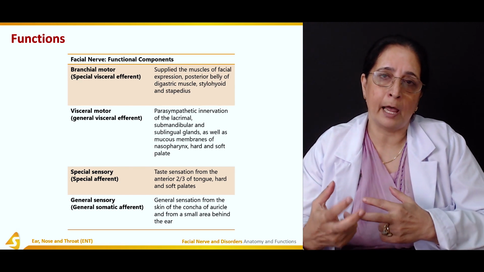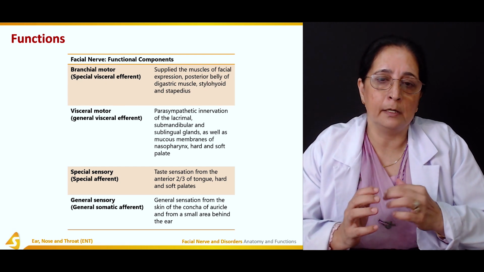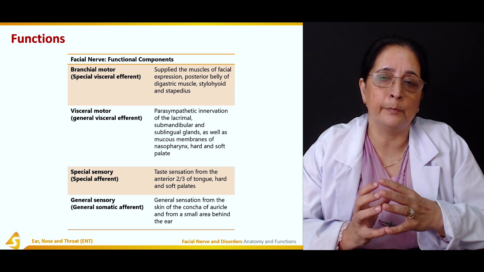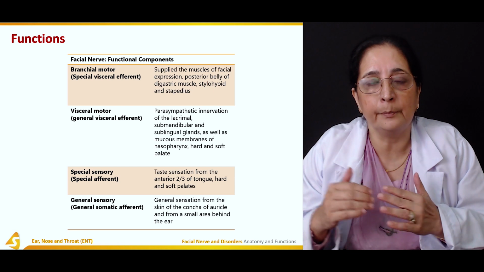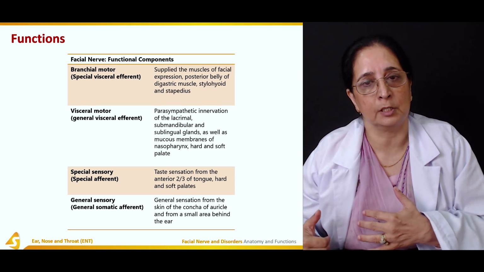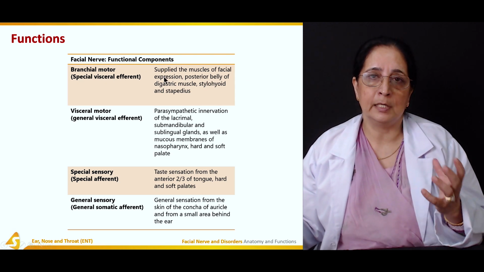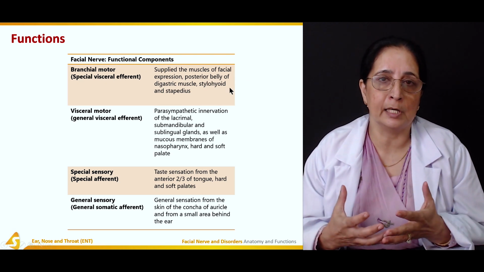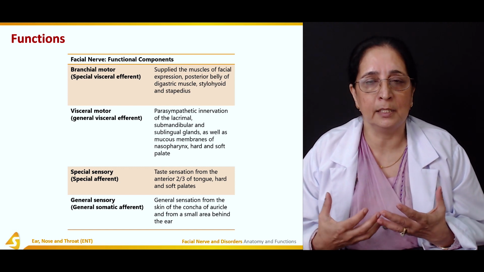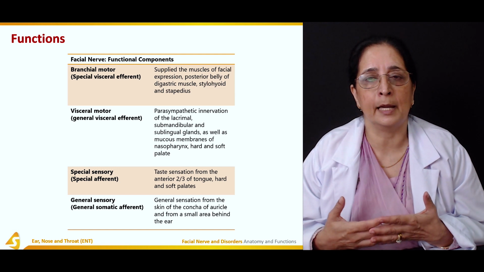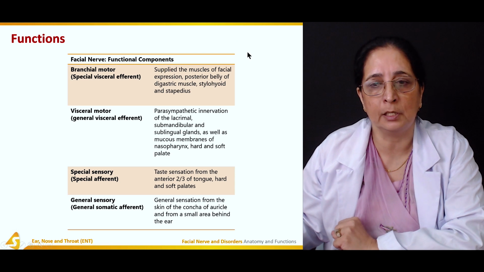We have the afferent part and the efferent part. Afferent nerves carry information to the brain, and efferent carry it from the brain to the different structures. So this is special visceral efferent. It supplies the muscles of all the facial expressions, frowning and all these, which are caused by the facial expression muscles supplied by the facial nerve.